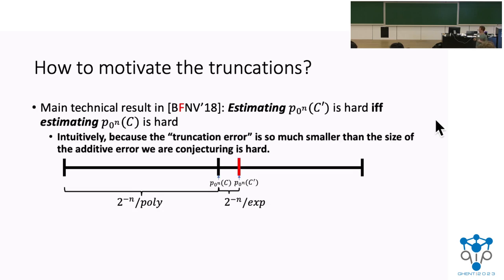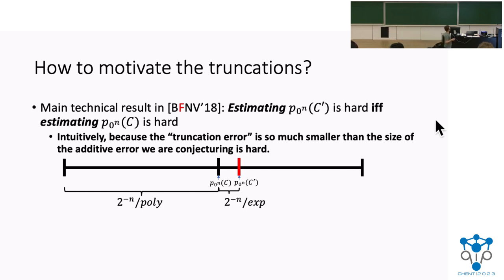And what I see as our main technical result from our 2018 paper is that if the goal is to estimate these output probabilities, then in fact, it doesn't matter if we're talking about the hardness of estimating the truncated probability, which is talking about a circuit that's ever so slightly non-unitary, or the hardness of computing the unitary random circuit. In fact, it's an if and only if.